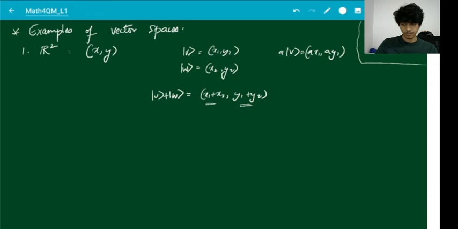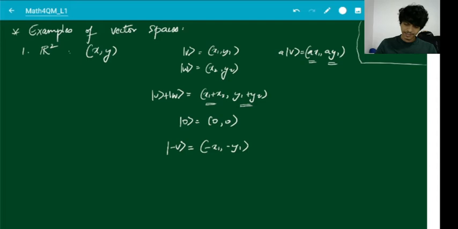Yes, this is also in R2 because one real number, one real number. Is there a zero element in R2? Yes, there is. There is an element which is just 0, 0, which if I add to any vector, I will get back that vector. Is there an additive inverse? Yes, there is. For any v, I can find a minus v and this is just given by minus x1 comma minus y1. So additive inverse also exists. So we conclude that R2 is a vector space.